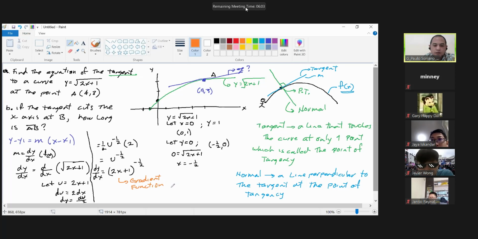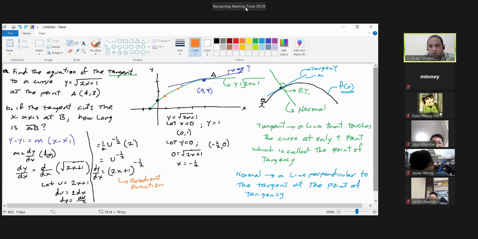Your gradient function is a formula that can solve the gradient at any point of the curve. Even if I put a point here, I can use this same formula to get the gradient of the tangent at this point.